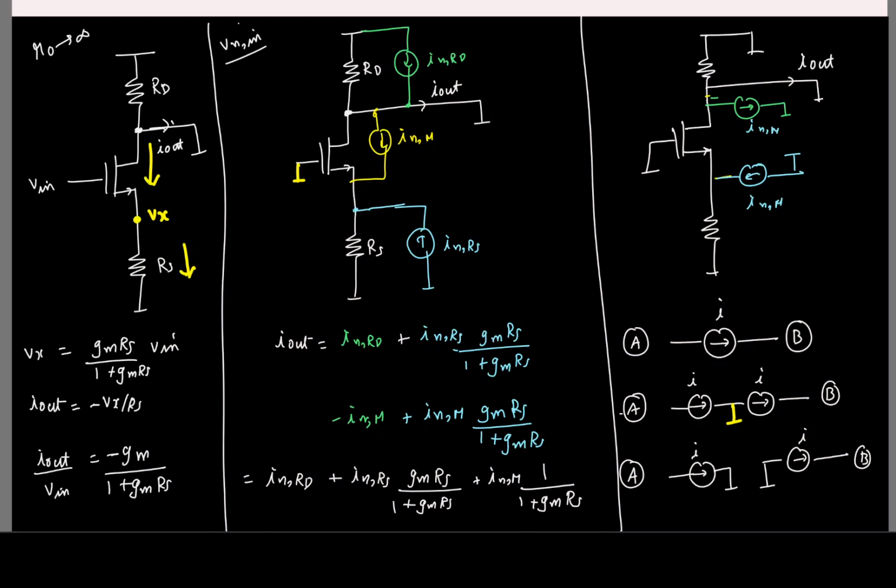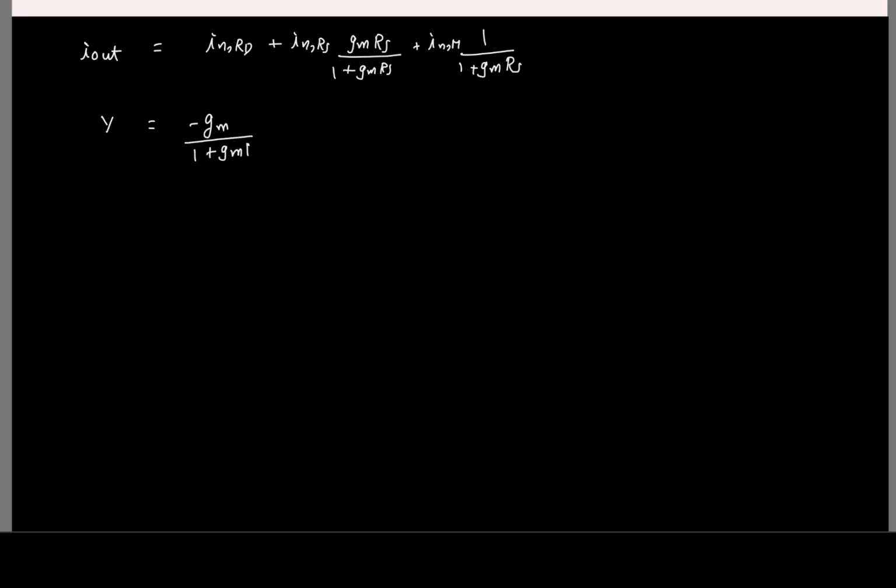So let's actually completely write the power spectral density, because I want to highlight some points. So this is my I out, and my transfer function y is, okay.